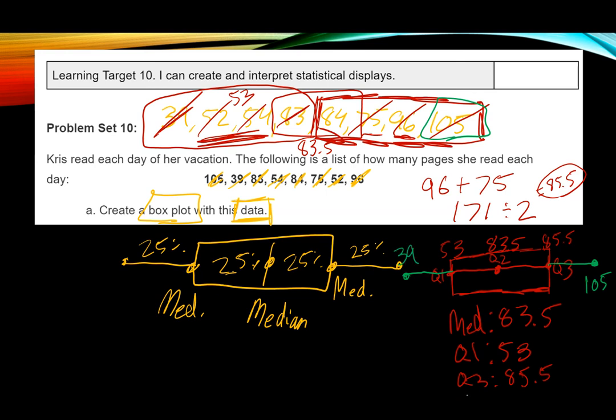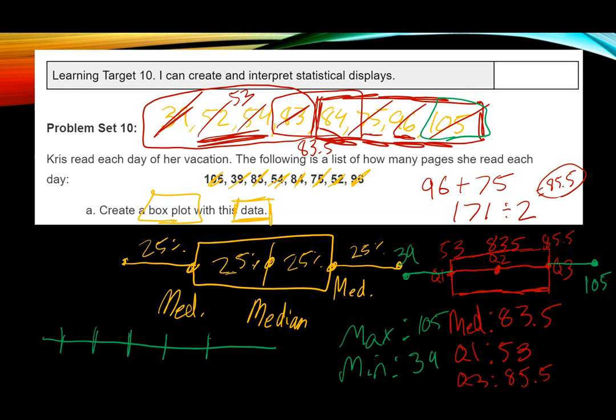So that'd be our max of 105. And our min of 39. And I mean, this isn't drawn to scale. Typically, we'd have a scale that would be very nice and neat. And it might be like 30, 40, 50, 60, and so on.